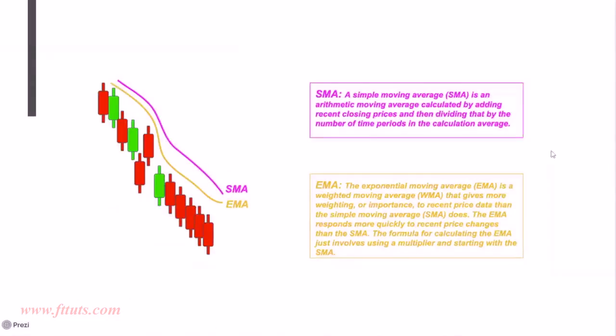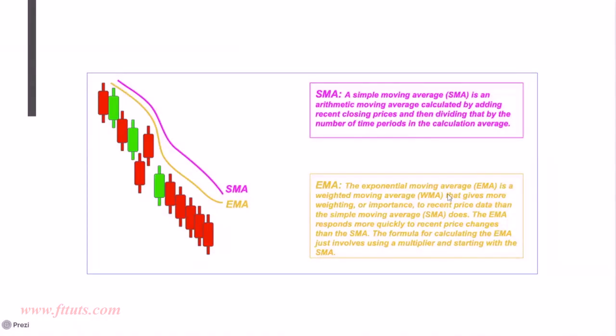Now we also have something called an exponential moving average. So an exponential moving average is a weighted moving average that gives more weight or importance to recent price data than the simple moving average does. So same thing as before, but basically the exponential moving average is higher weighting the importance of the movement that is most recent to this trend than the data all the way at the end.